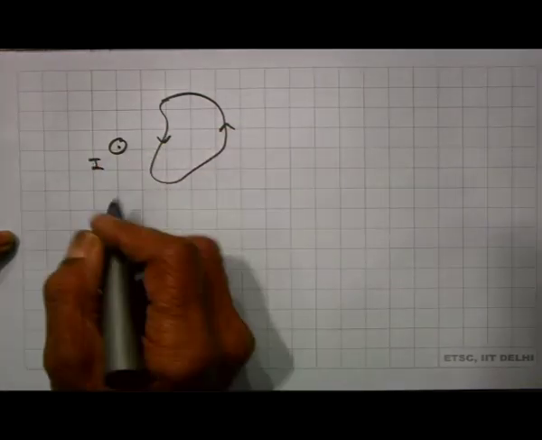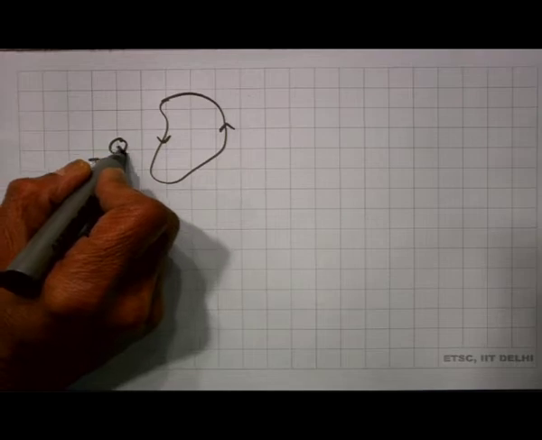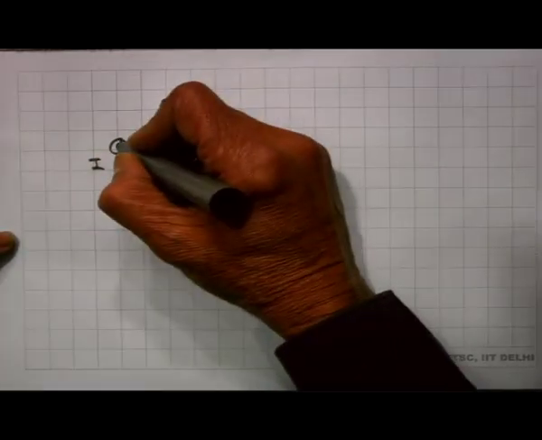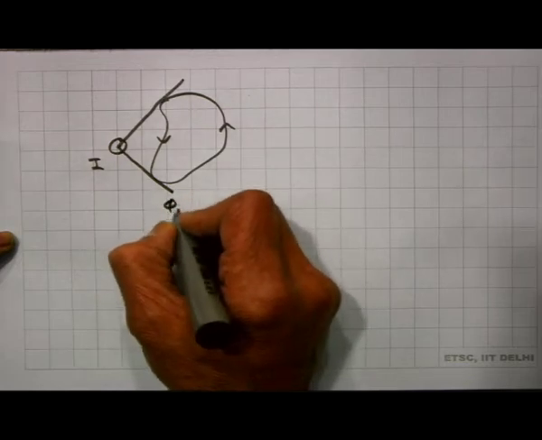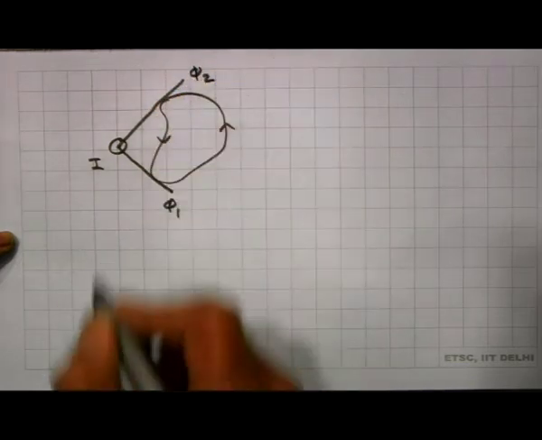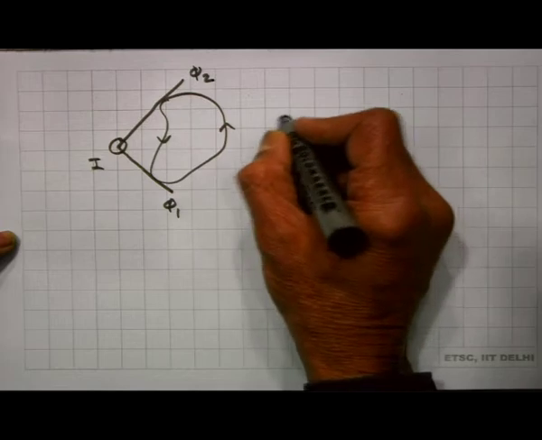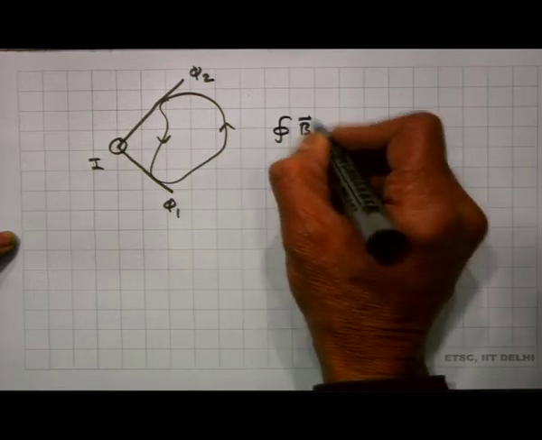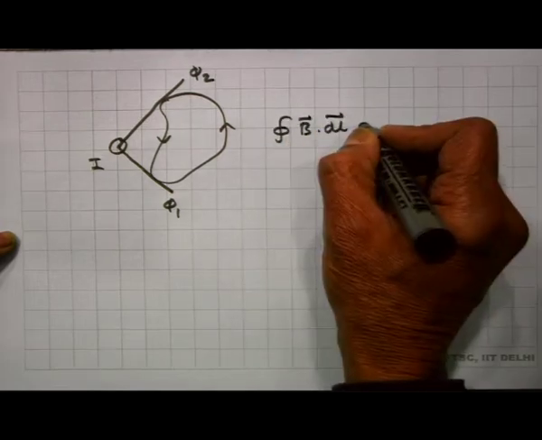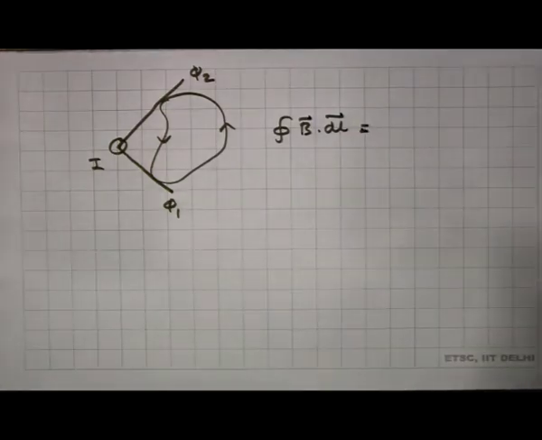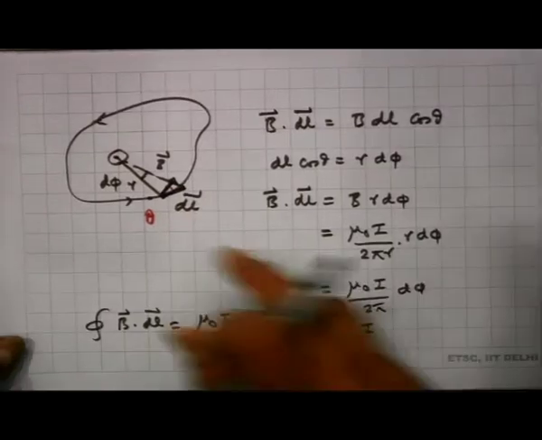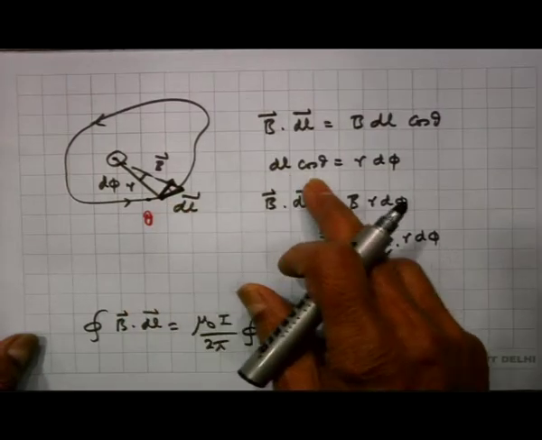Now, let me draw a line here. Let me say that this corresponds to angle phi 1, this corresponds to angle phi 2. So, integral B dot dl I need to calculate. Please remember, I had just now shown you that for an arbitrary path dl cos theta is r d phi.